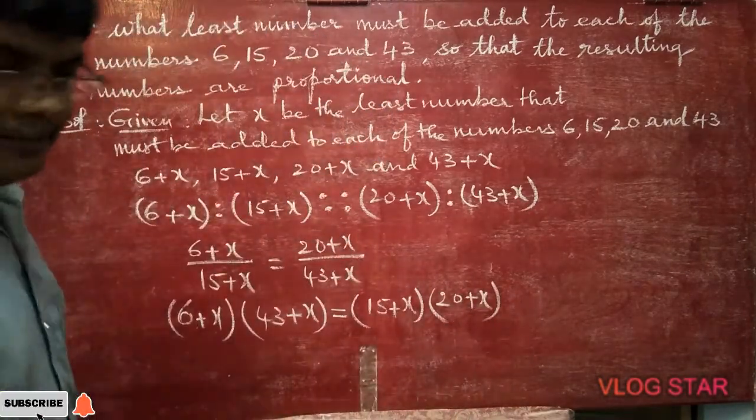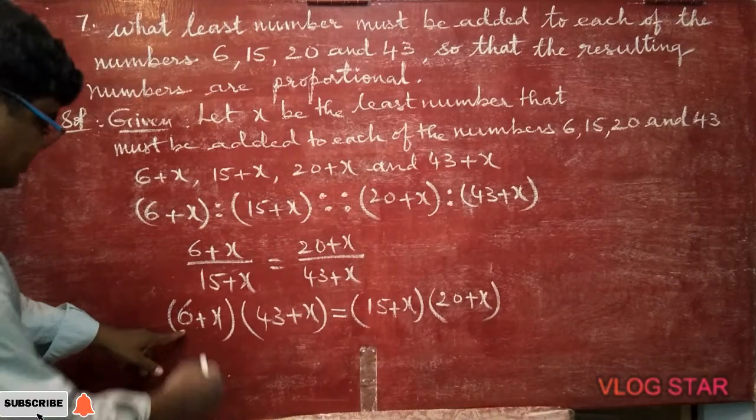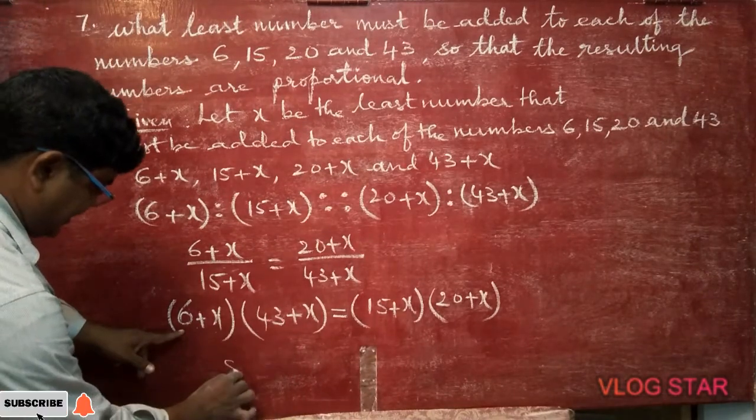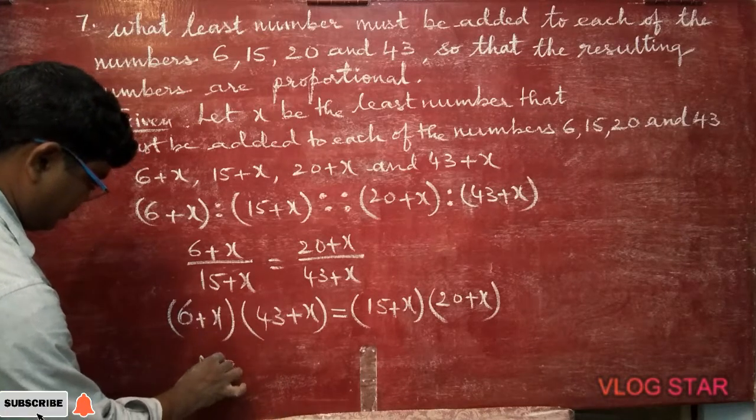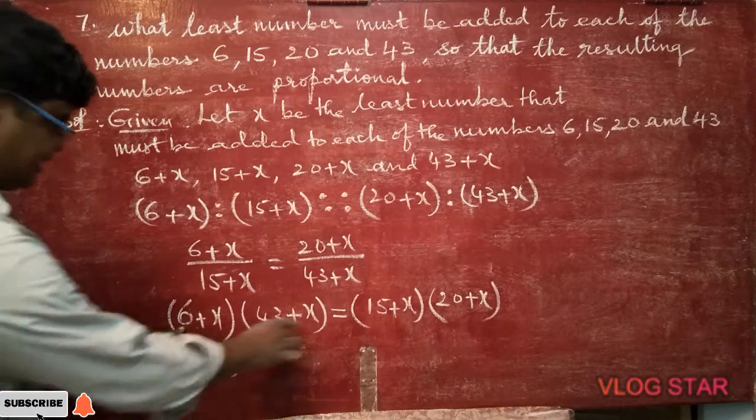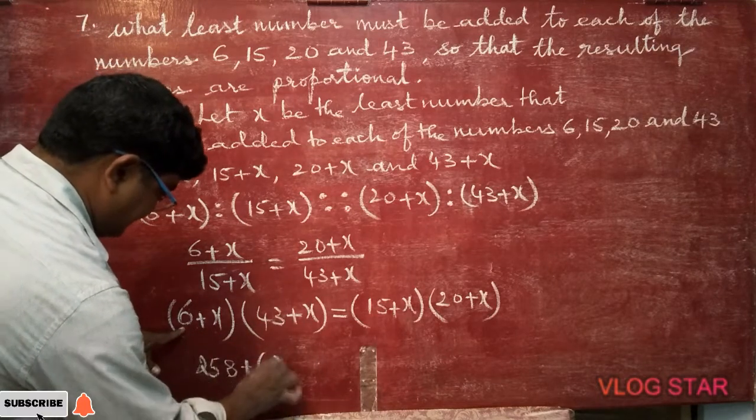Now slowly you multiply. With 6 you multiply first. 6 3s are 18, 1 is there, 24, 25, 258. Again 6x.